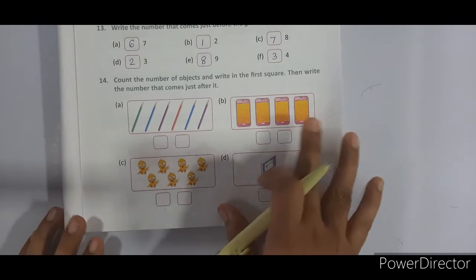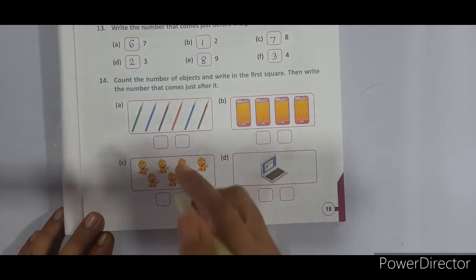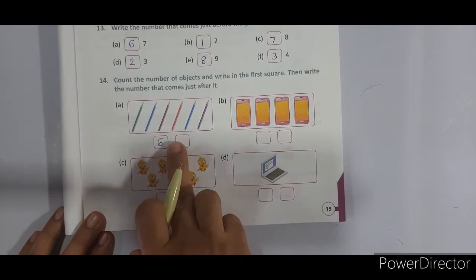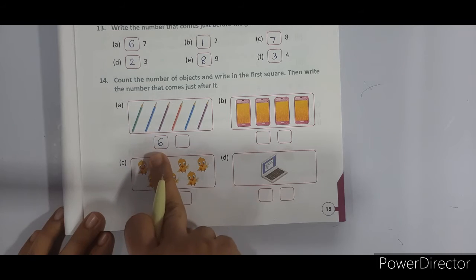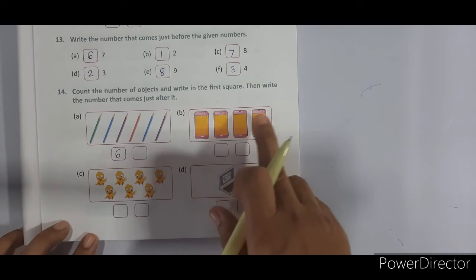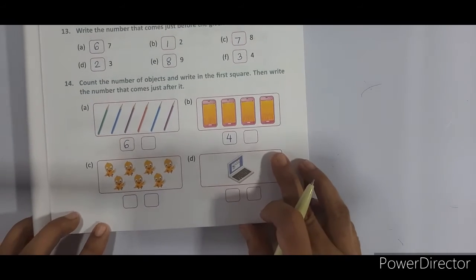Okay, so again count the number of pencils. 1, 2, 3, 4, 5, 6. So write it in the first box. See where I have written number 6? In the first box. Again go for number of mobiles. 1, 2, 3, 4. 4 mobiles. Write in the first box.